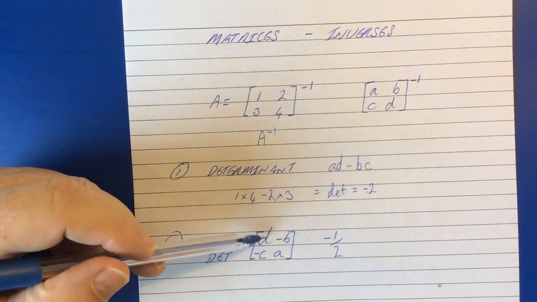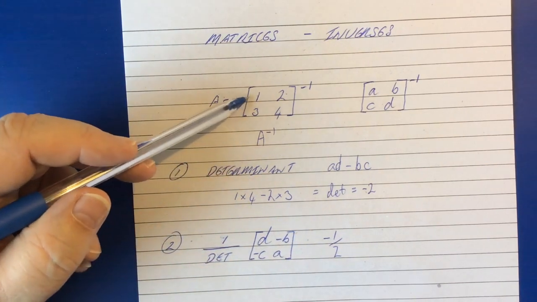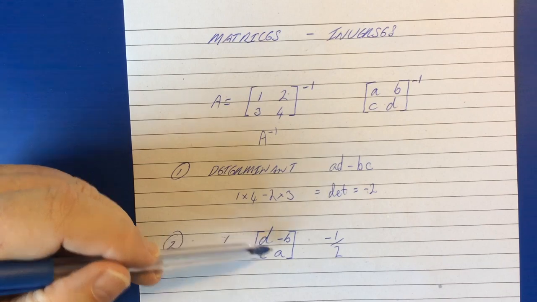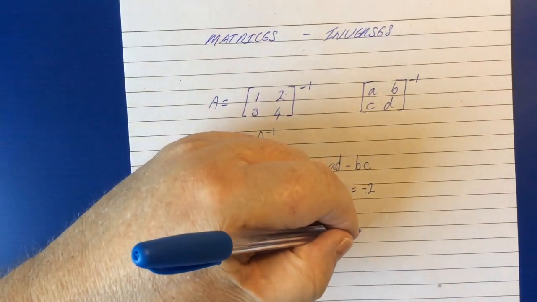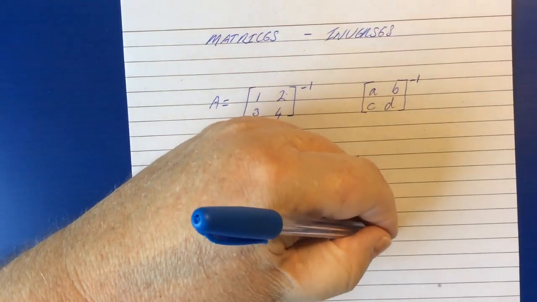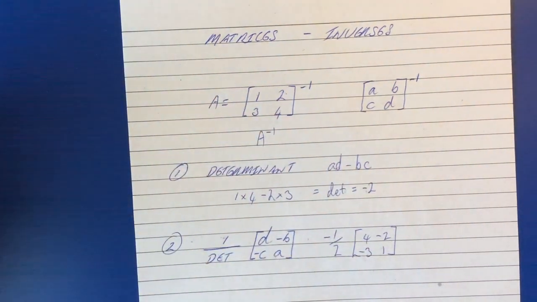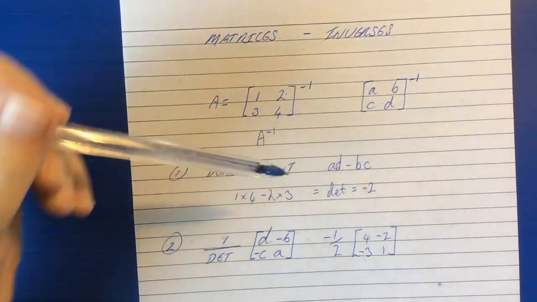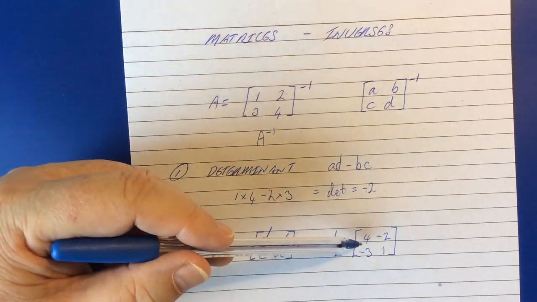We're going to take this and we're going to multiply it by a rearranged original matrix. So notice that A and D have moved, B and C are negative. So this new matrix is going to look like this: 4, -2, -3, 1. Okay, so that's our next step, setting this up.